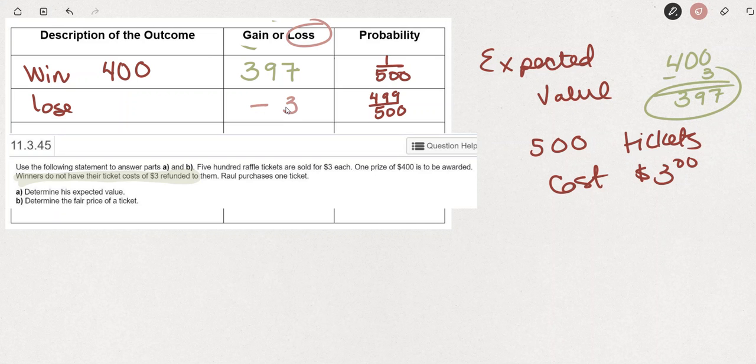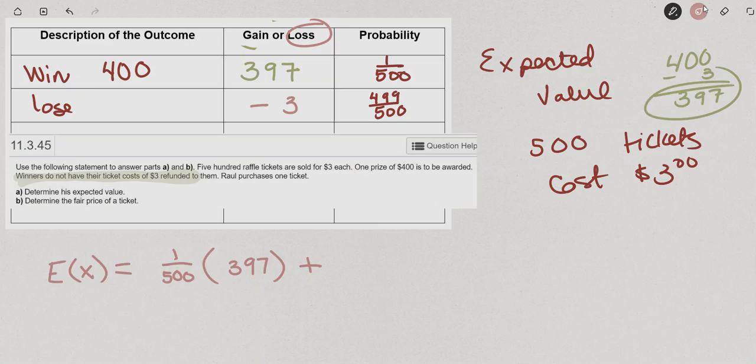I like to use this chart to organize the information. I feel like it puts it in a nice, easy format to then plug into this expected value formula. The expected value is the probability of an outcome, 1 in 500 will win, times the gain of $397. And we do this for each possible outcome.